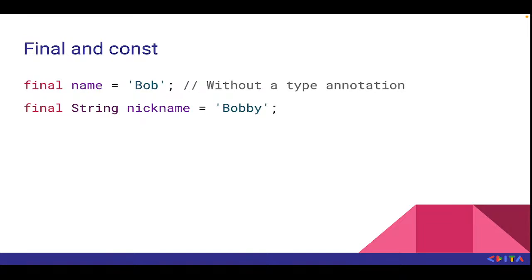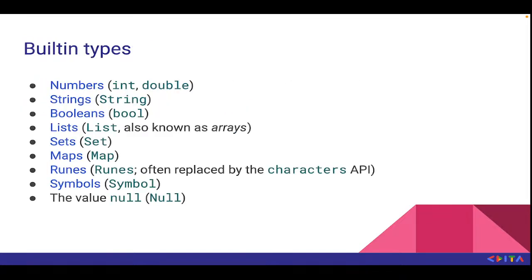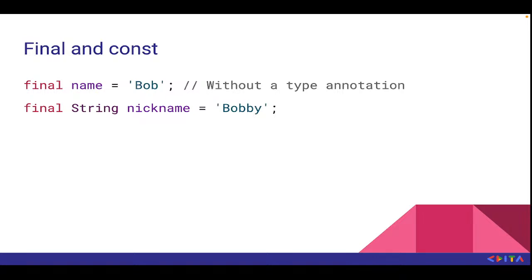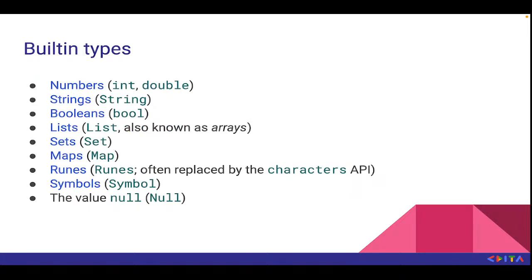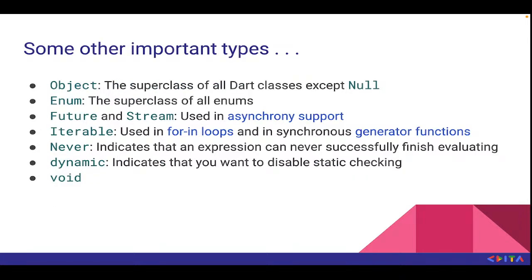Final and const, these two keywords are used when you know that you're not gonna change the value of a variable, so you can just name it final or const, which is constant because it's not gonna be changed. And we also have other built-in types, which we don't really have in C. For example, we have lists, sets, maps, runes, and also some other important types.